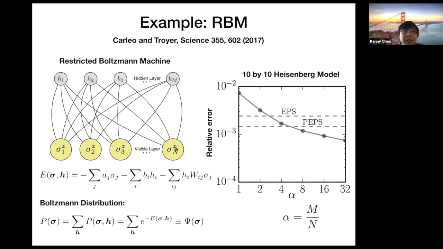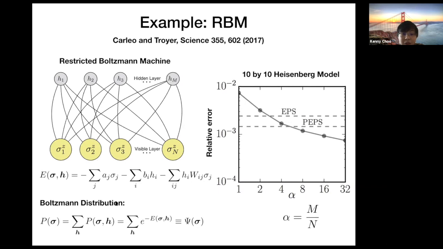For a given configuration of visible spins and hidden spins, you can assign an Ising-type energy. So basically this is like a classical Ising model, where the visible spins and the hidden spins are interacting. And it's restricted in the sense that the hidden spins and the visible spins are not interacting directly. Given this kind of energy, you can, using the Boltzmann distribution, define a probability distribution for the hidden and visible spins.